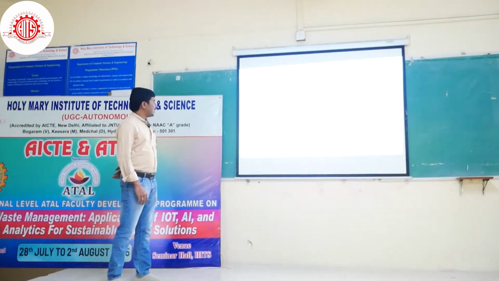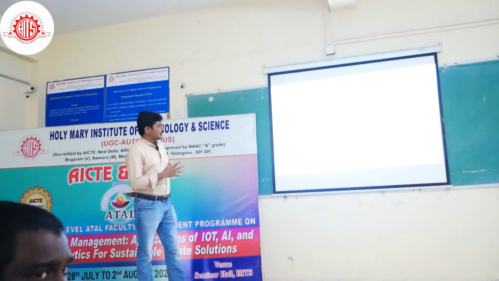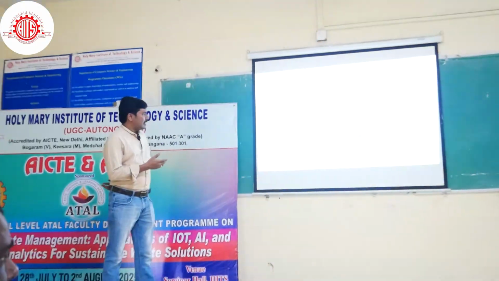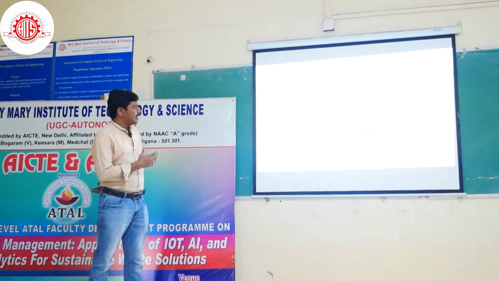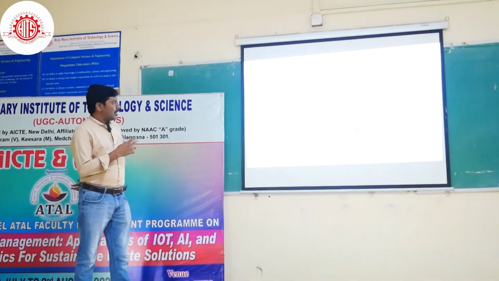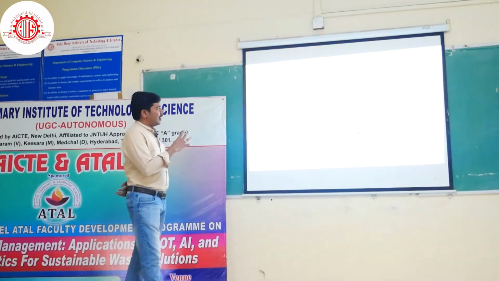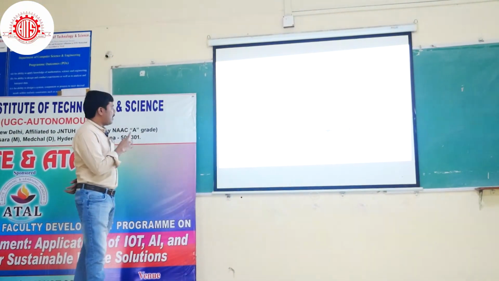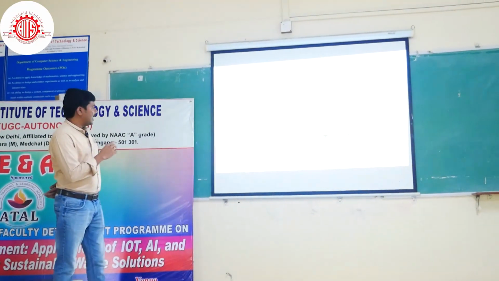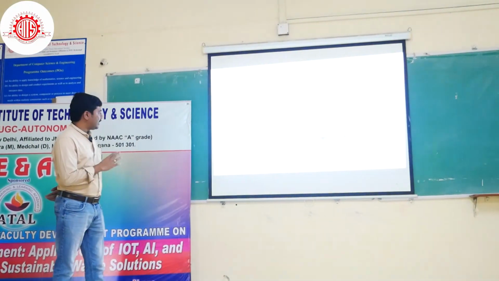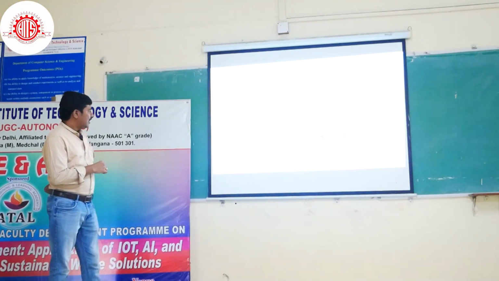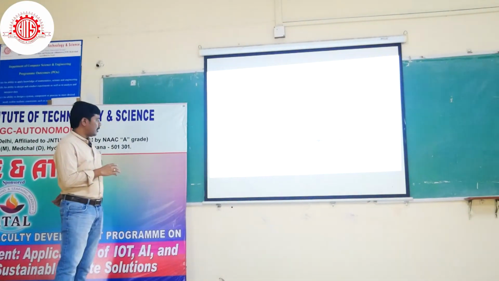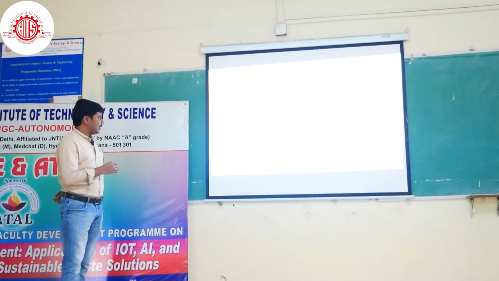Coming to the introduction, you can see how the waste is collected, how the garbage system is collected, and how the entire processing is happening. You can observe it in the pictorial representation. So what happens in this? There is real-time monitoring of waste levels, automated collection scheduling, optimized resource allocation, and enhanced data-driven decision making.